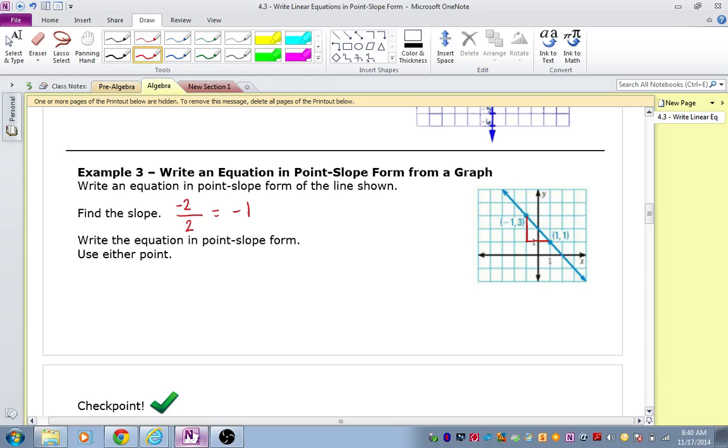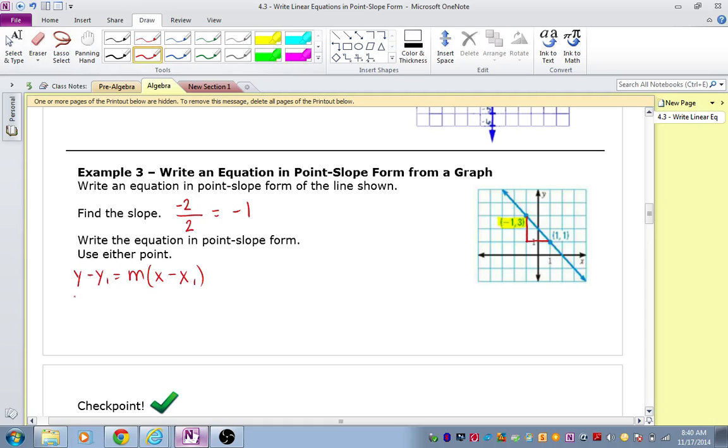Now we're going to write down our point-slope form. y minus y1 equals m times x minus x1. You have 2 points. Choose one of them. It doesn't matter which one. I'm going to try -1, 3.